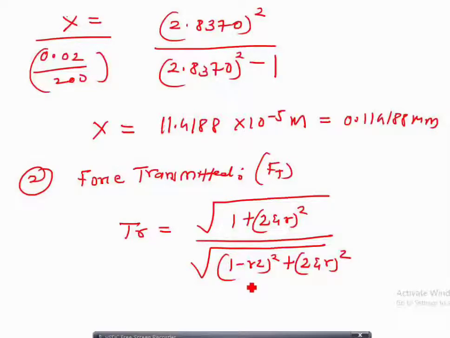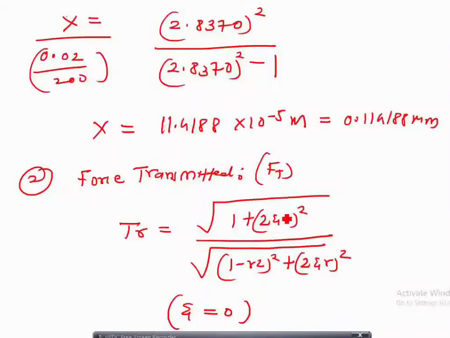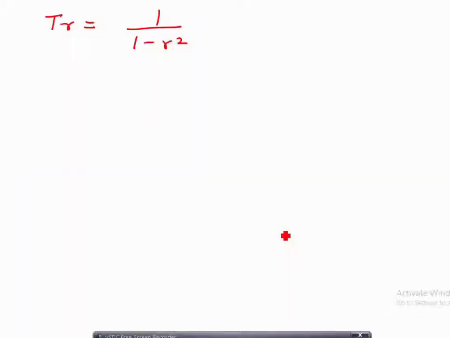Right? Now, we know that the given system is assumed as an undamped system, because no value of zeta or damping constant c is given. So this formula will also get modified as Tr is equal to 1 upon 1 minus r square, because this term will again become 0.